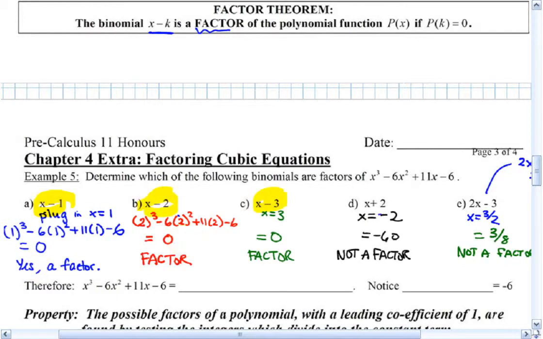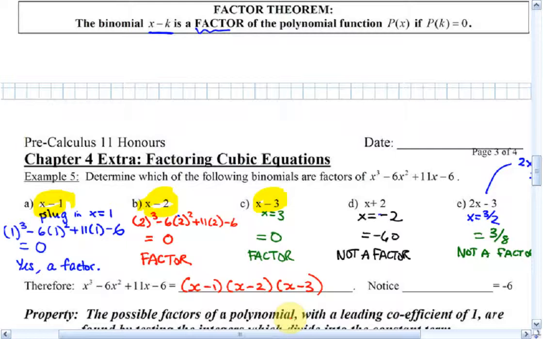What I want you to understand is that this big cubic function is actually equal to x minus 1 times x minus 2 times x minus 3. And I've actually factored it, but I didn't really show you how. I just said, here are the factors. So the next part I'm going to show you is how you can go from this long cubic into these binomial forms.